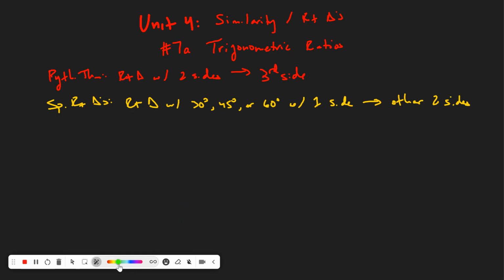Okay, and now we're going to learn about these trigonometric ratios. For shorthand, I like to call them the trig ratios.